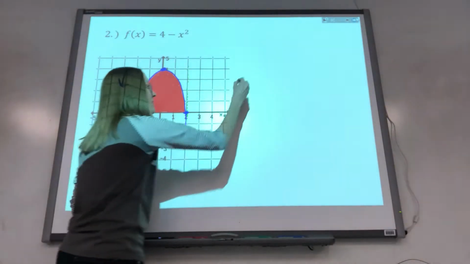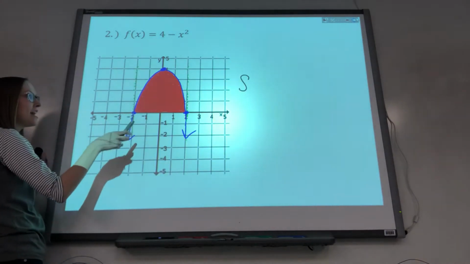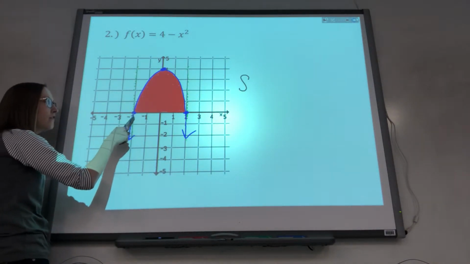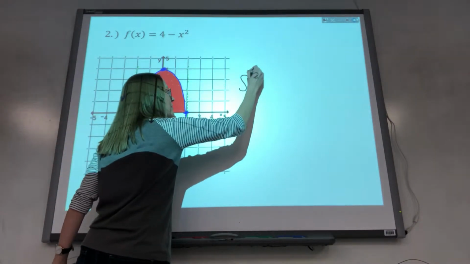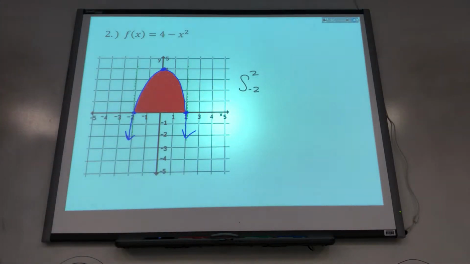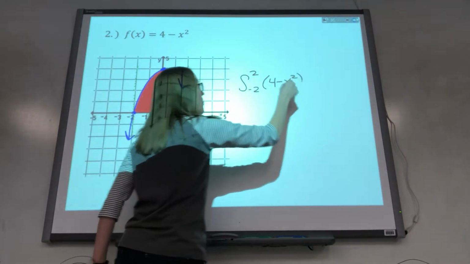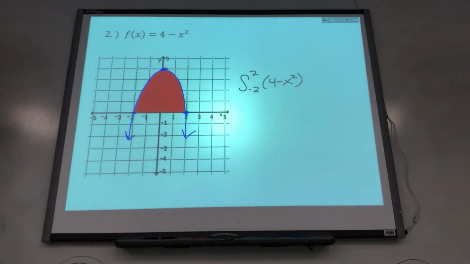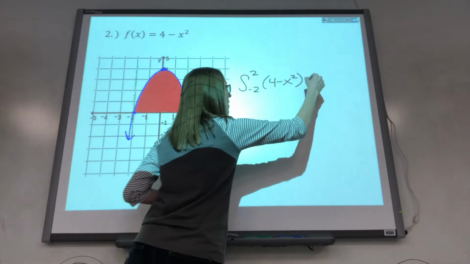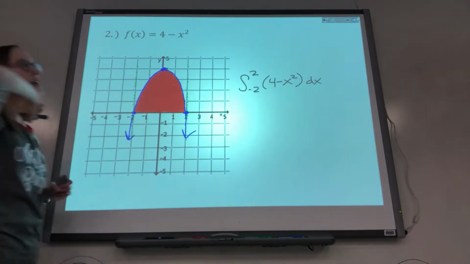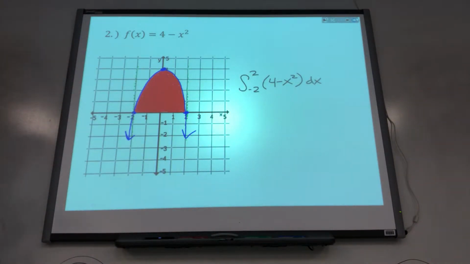So I'm going to set this up as the integral from -2 to +2 of, now I've got a difference up there with that minus sign, so I probably should put the 4 minus x squared in parentheses, and then all of that would be integrated with respect to x.